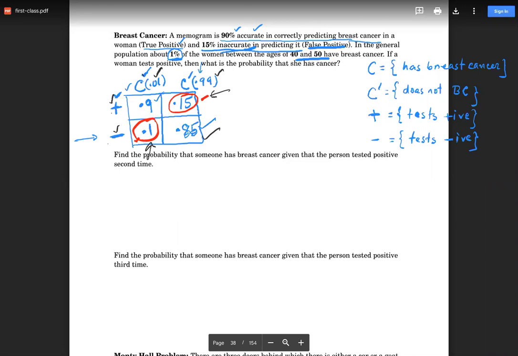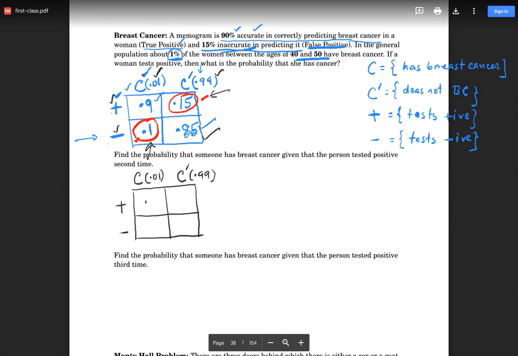Now, I'm going to create the table again here, just so that you can see it clearly. Someone has cancer, 1% chance. Does not have cancer, 99% chance. You test positive or you test negative.